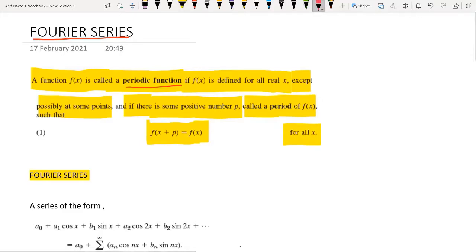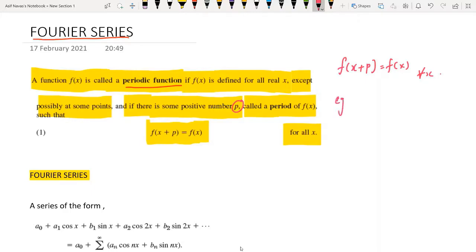That means a function is periodic if there exists a positive number p such that f(x + p) = f(x) for all x. Then we say that f(x) is a periodic function.